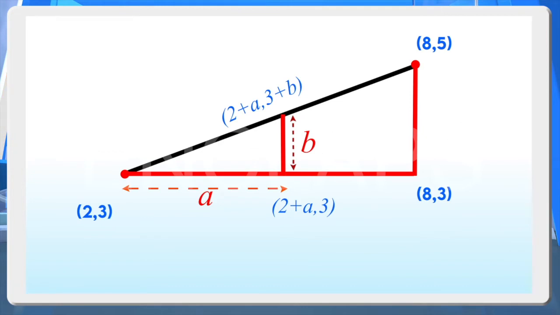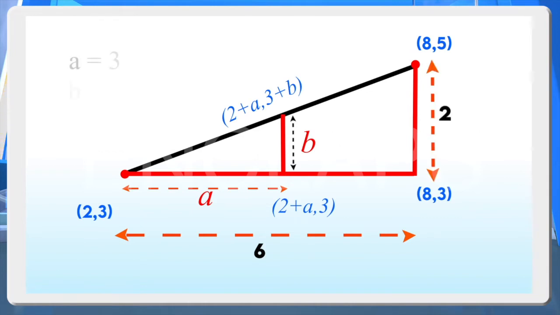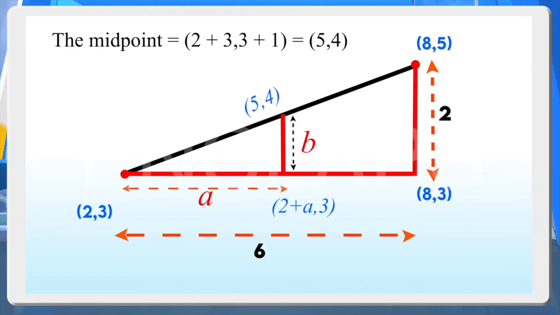Since the lower perpendicular side of the larger triangle is 6, the smaller one will be half of it, that is 3. And since the second perpendicular side of the larger triangle is 2, the smaller one will be 1, that is half of it. Now, a equals 3 and b equals 1. Then the midpoint is 2 plus 3, 3 plus 1, equals 5, 4.